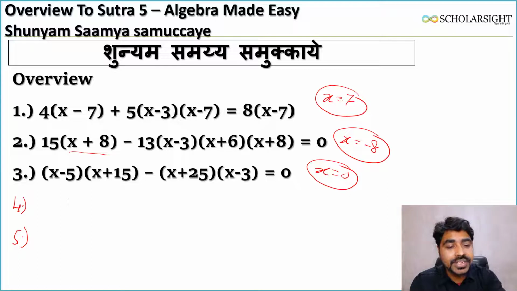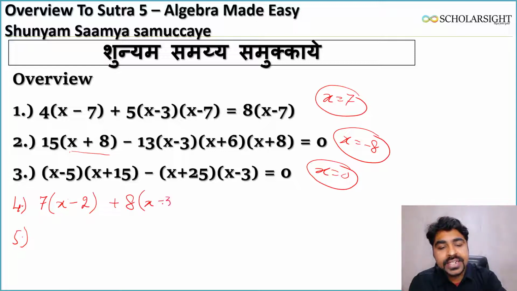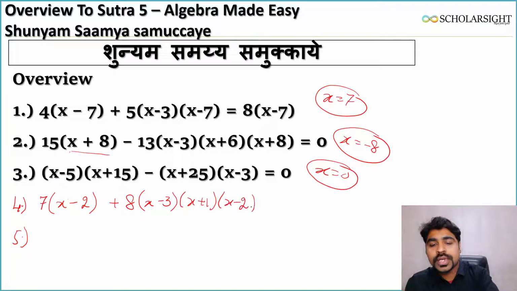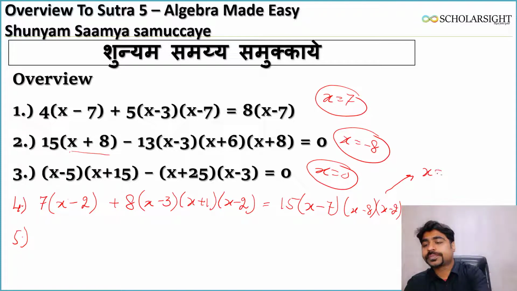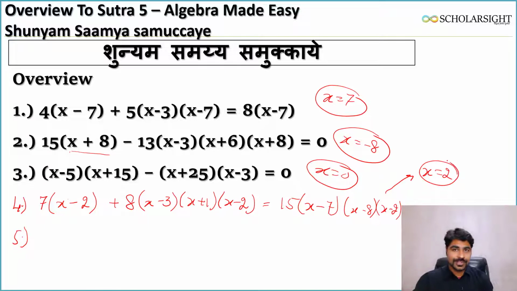Let's dig into it. If the question is, let's say, 7 into x minus 2 plus 8 into x minus 3 into x plus 1 into x minus 2 is equal to 15 into x minus 7 into x minus 8 into x minus 2, the answer to this particular question will also be x equals 2.